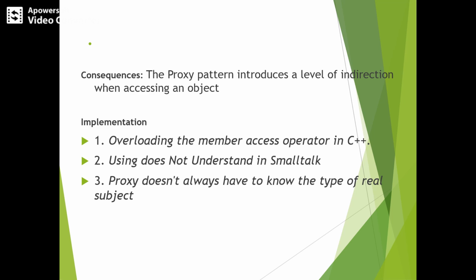We know that C++ supports operator overloading. By overloading the member access operator, we can define what happens whenever the object is dereferenced. This can be helpful for implementing some kinds of proxy, particularly when implementing the proxy design pattern.